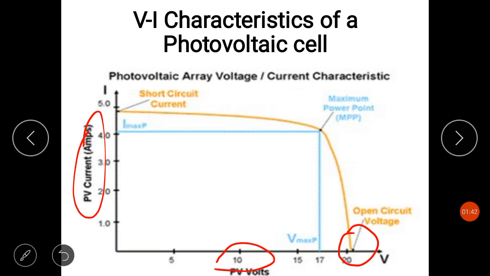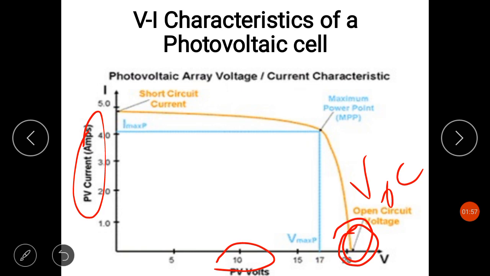So this maximum voltage is the solar cell open circuit voltage, which we designate as VOC.